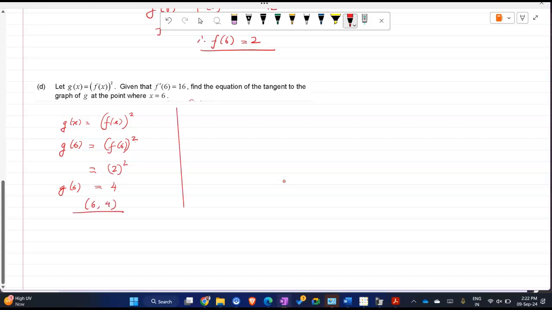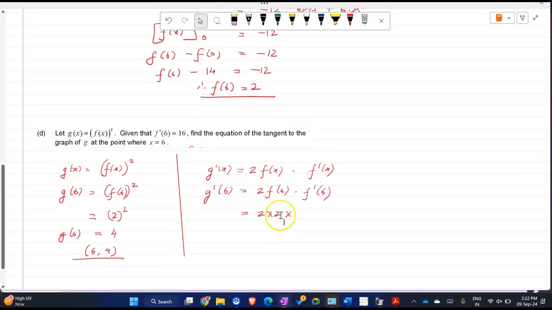Correct? Now you find the derivative because the slope of the tangent is the derivative. So g'(x) will be 2 f(x) into f'(x). Chain rule. Very good. So g'(6) will be 2 f(6) into f'(6). So 2 f(6) is 2 and f'(6) is given over here, 16.